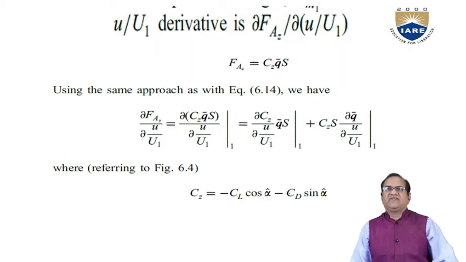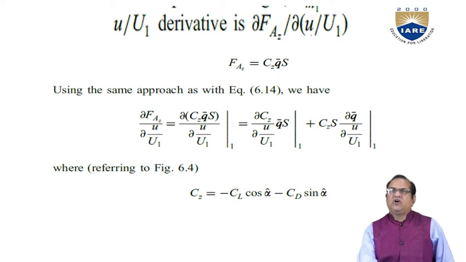Now, the next derivative is the U by U1 derivative, so we have to find out dou FAZ by dou U by U1. This is called the U by U1 derivative. So we know that FAZ, F means force, aerodynamic force in z direction, means towards the lift. So it is CZ Q bar S, where Q bar is the dynamic pressure, C is a constant, S is the area of the wing.